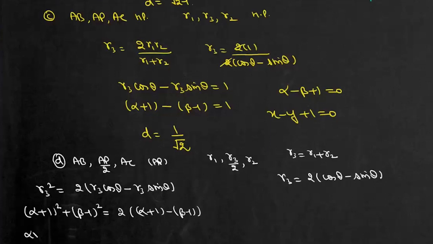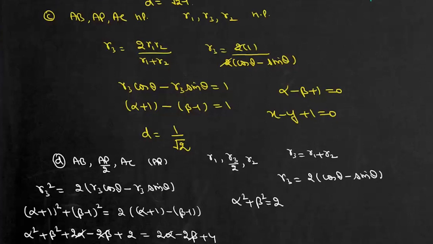Now this equation will be alpha square plus beta square plus 2 alpha minus 2 beta plus 2, and here will be 2 alpha minus 2 beta plus 4. Now 2 alpha and 2 beta will cancel, so this equation will be alpha square plus beta square equals 2, or locus of this point P is this circle, which is x square plus y square equals 2.